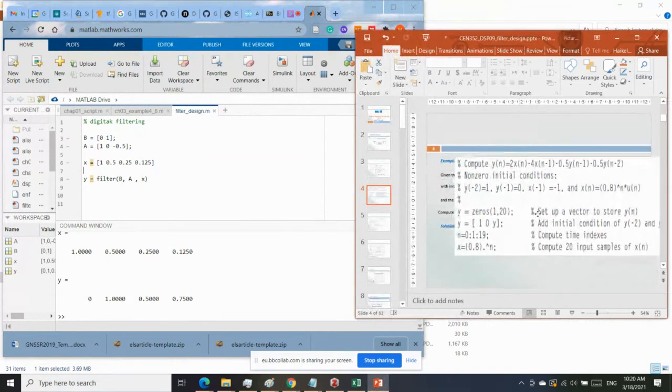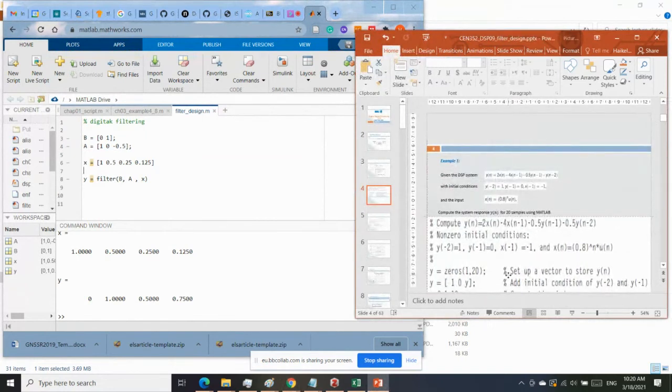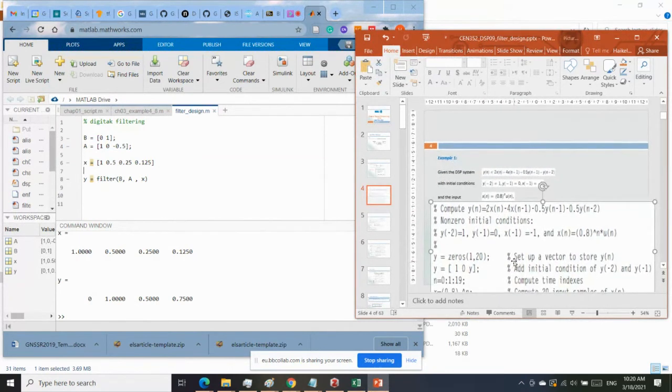So the input computed for what? Compute the response for 20 samples. 20 samples. Okay.